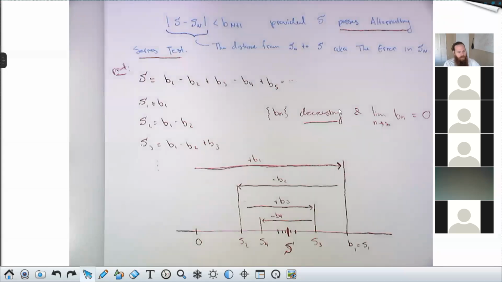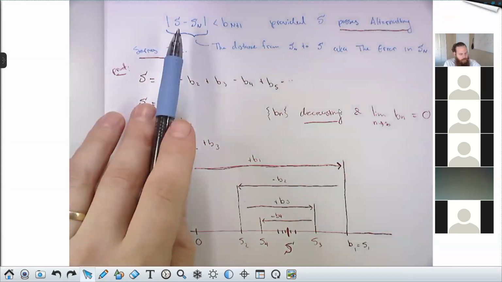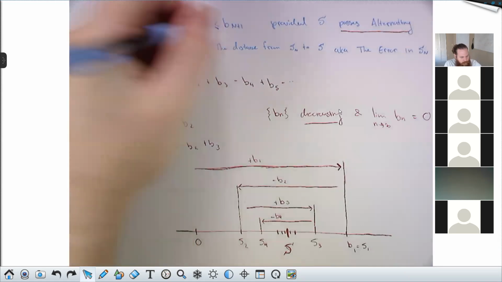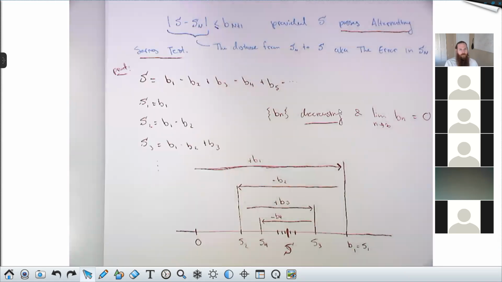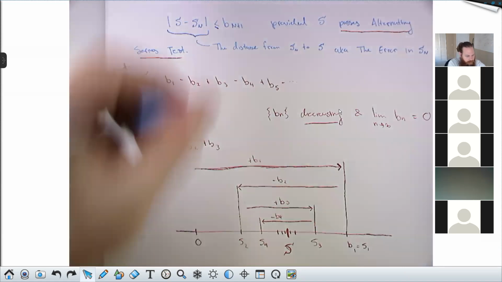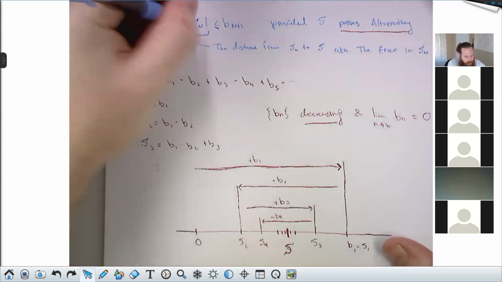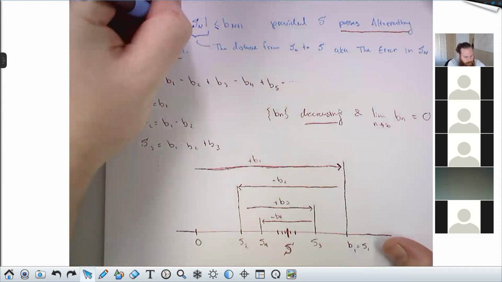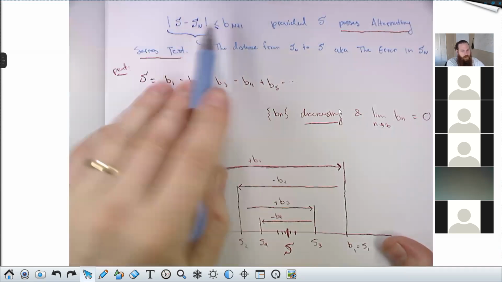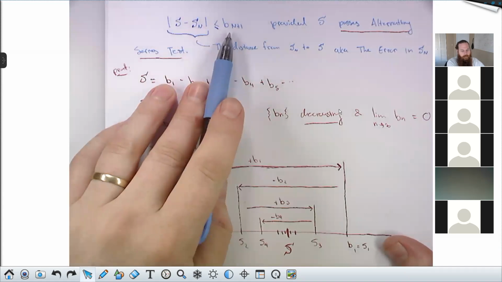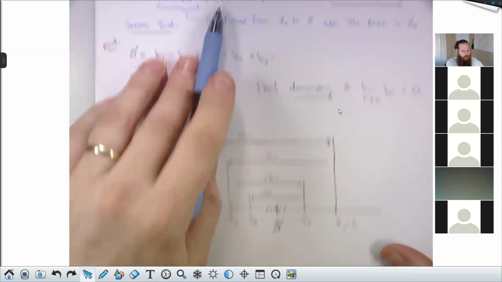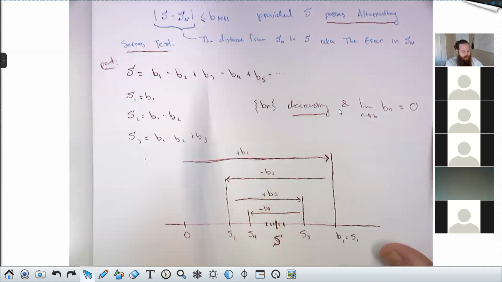And what this theorem guarantees, oh, I think this should be a less than or equal to, sorry, less than or equal to. What this theorem guarantees is that the distance from Sn to S, the distance from the nth partial sum to the full series, is no greater than the next term. And if you look at this picture, you can see why that is true.